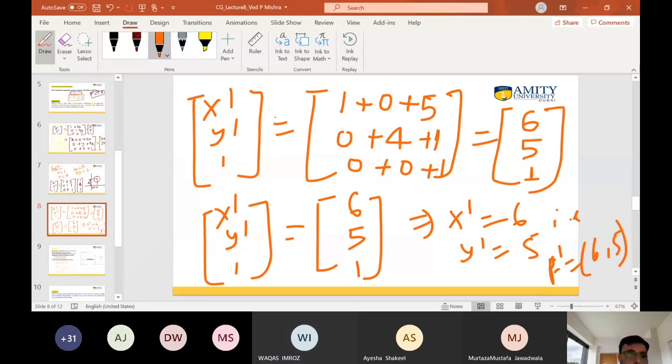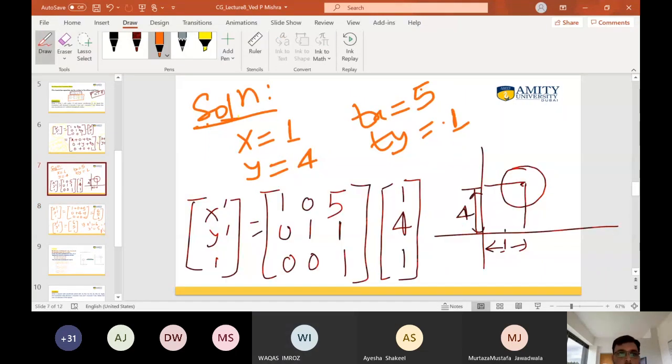Okay. One more here. Suppose this is the distance 1 and this is the distance 4.